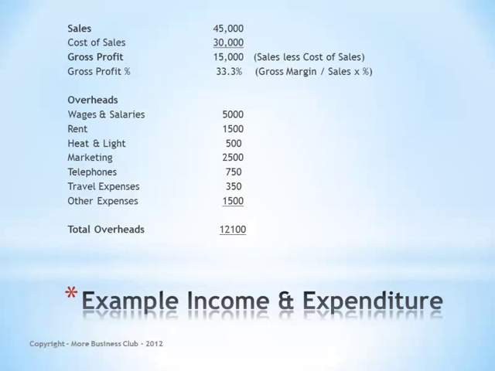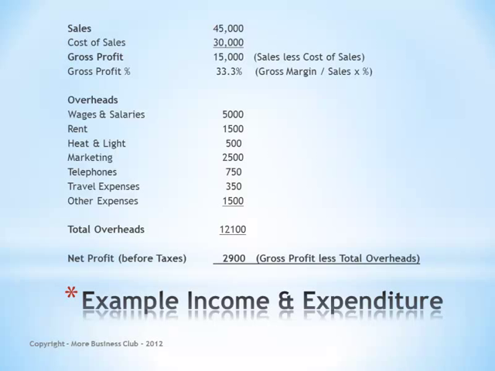So when you do your income and expenditure statement, all your overheads are the cost per month to your business, irrespective of when you actually pay the amounts out in cash or from your bank account. So that's an important point to note when you're actually compiling your income and expenditure statement, or when you're using it from your accounting system.